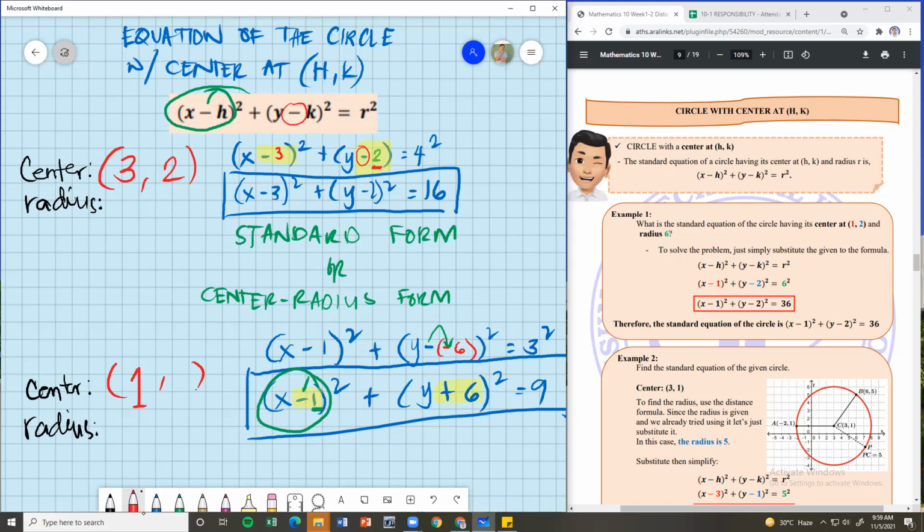However, look at the next quantity. We have here, it should be minus k, but what happened here? It became plus 6. If the sign changed, that simply means that the value is negative, because there is a contradiction of sign, since negative times negative makes it positive.